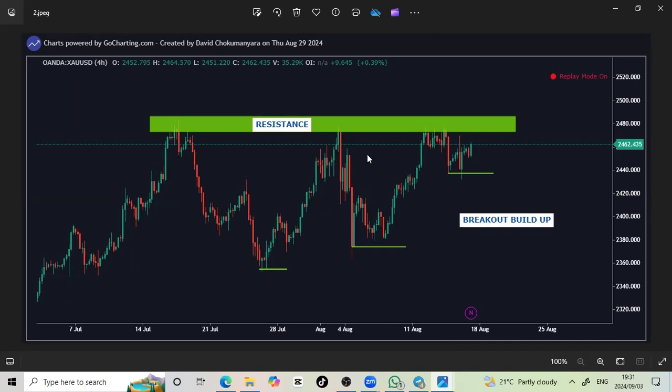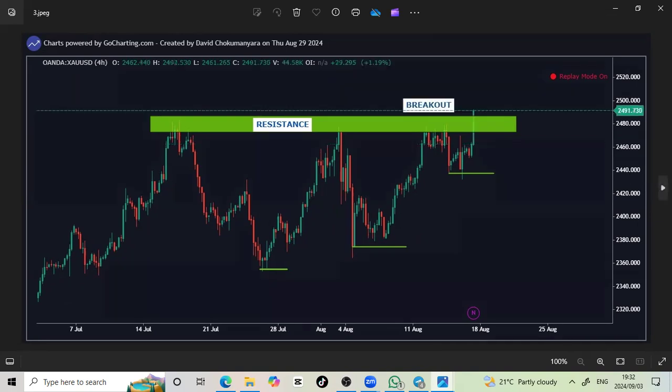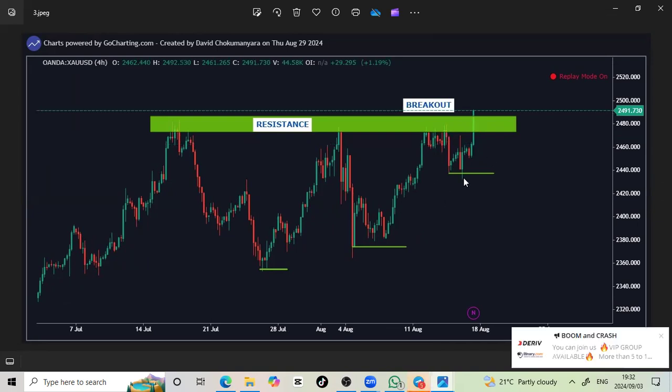So you can anticipate what is likely going to take place on a resistance level by just analyzing how price approaches that particular resistance. Okay. Then the next thing, what happened after this breakout build-up, we see price closing above this resistance. We have a strong bullish candle that closes above the resistance.